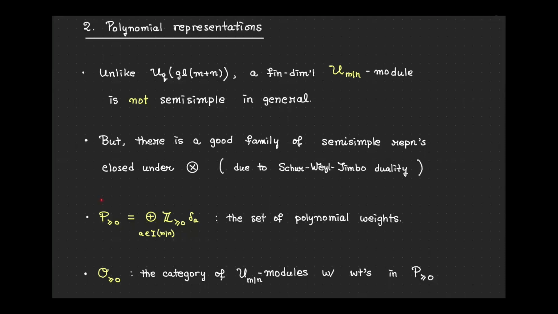Now we focus on a more special type of weight, say P non-negative. It's the semi-group generated by our basis delta A. Let me call it the set of polynomial weights. We denote by the category of UMN modules with weights in this polynomial semi-group.